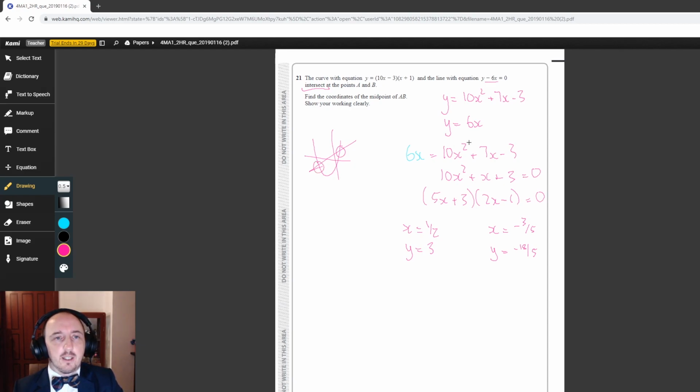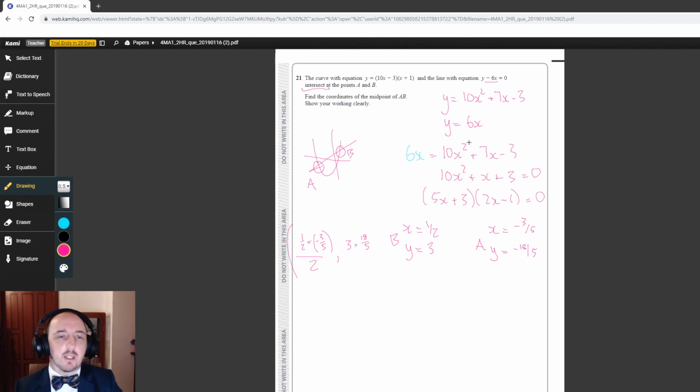and it wants to find the coordinates of the midpoint of A and B. So we'll call that one, this is A down here, and this is B up here. To find the midpoint of 2 points, we just take the average of the two. So we'd take the average of a half plus negative 3/5 over 2. That will give us the two x values averaged, and 3 minus 18/5.